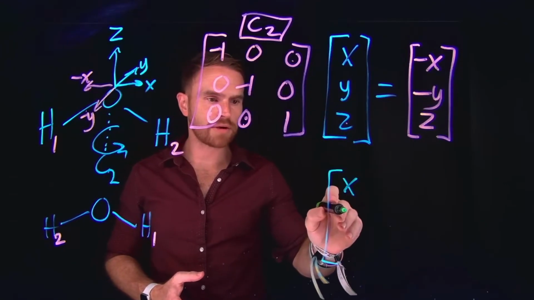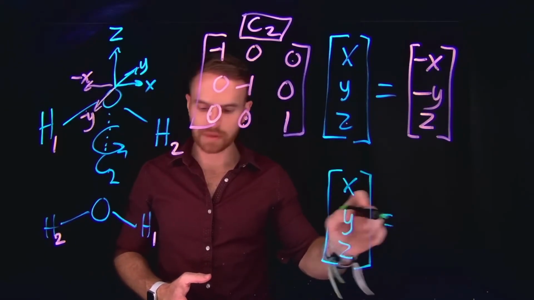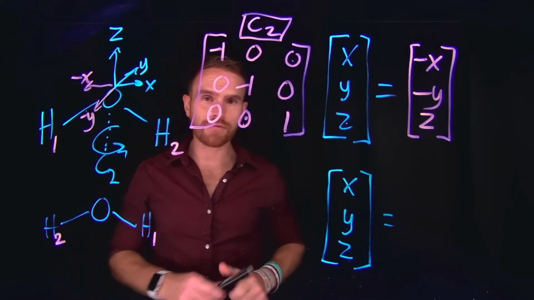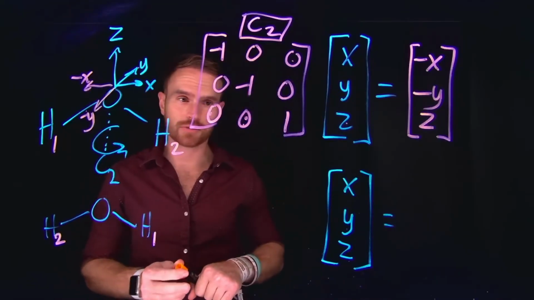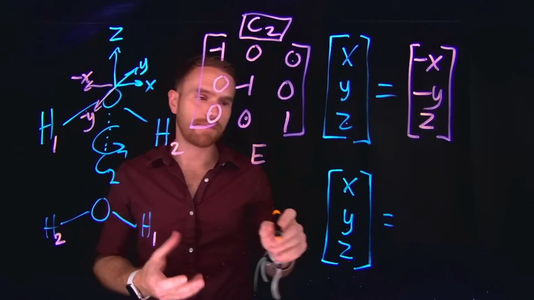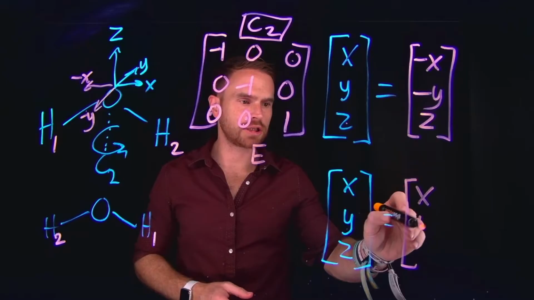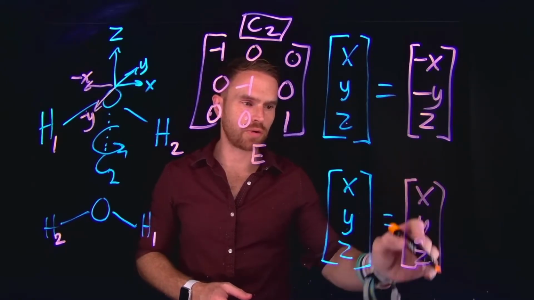Remember that every molecule in the universe has some amount of symmetry. The easiest symmetry for everything is going to be the identity matrix. Remember, the identity operation, we give the symbol E, and basically it should leave the molecule completely unchanged, meaning that the coordinates should remain identical.